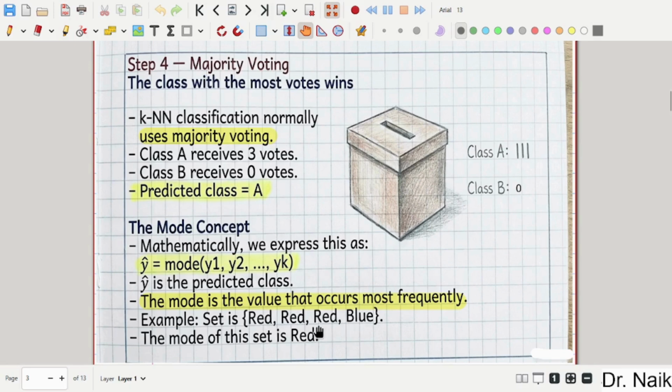So 3 is greater than 1, therefore red wins because it has the majority vote. Therefore the mode of this set is red. Similarly, in our example of class A and B, class A has 3 votes. So class A wins, and we predict that the test point belongs to class A.